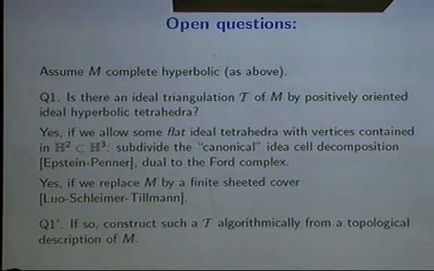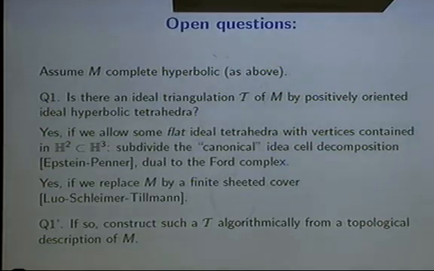If we take our complex parameters, if you allow the complex parameter to become real, that amounts to the three-dimensional tetrahedra flattening out to a two-dimensional thing. If you allow that, then you can get such things. For instance, there's this nice canonical ideal cell decomposition of Epstein and Penner.